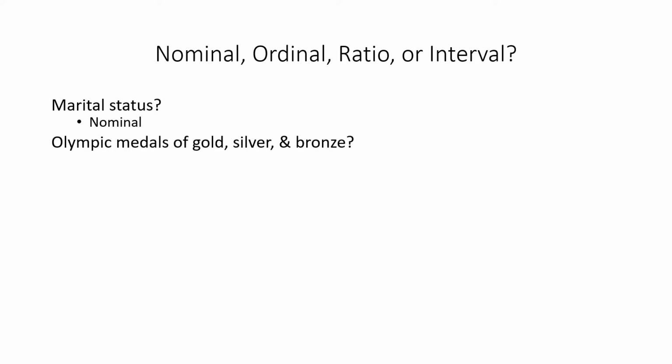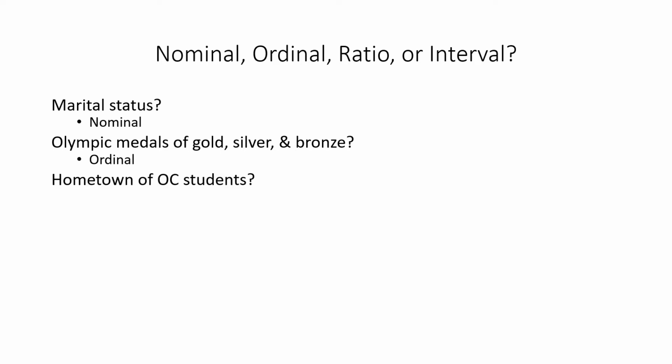How about Olympic medals of gold, silver, and bronze? If you said ordinal, you are correct because these are finishing positions. It doesn't necessarily mean that the finishing position between gold and silver is exactly the same as between silver and bronze.